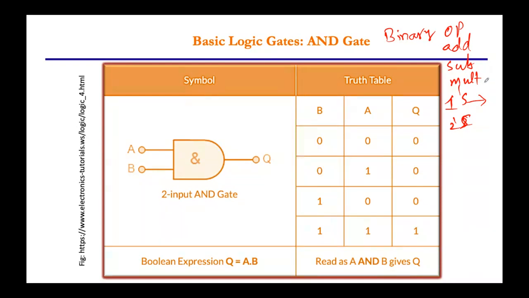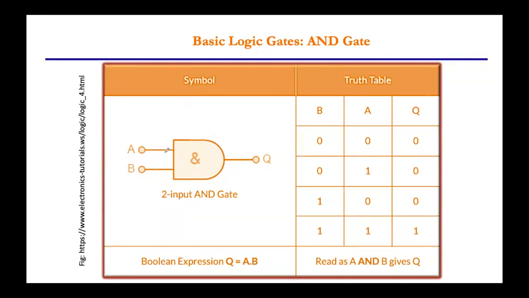So to perform these operations, what are the basic gates involved? Let us see. The first basic logic gate is the AND gate. This AND gate performs the simple computer arithmetic operation of multiplication. This logic gate is represented using this symbol.